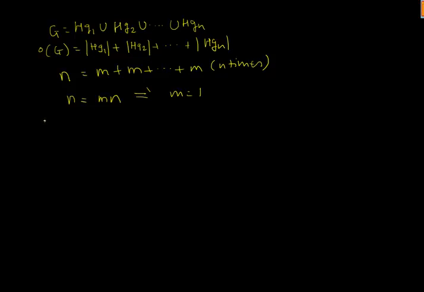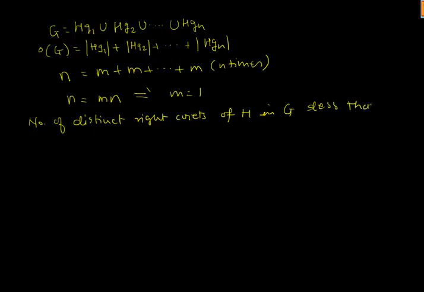So the number of distinct right cosets of H in G is less than n, say k. k is an integer less than what? n.